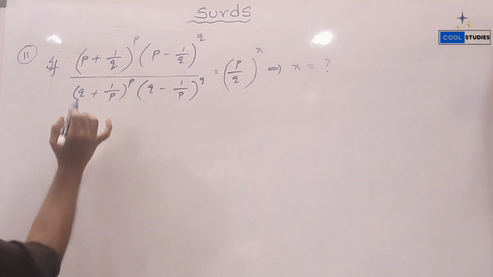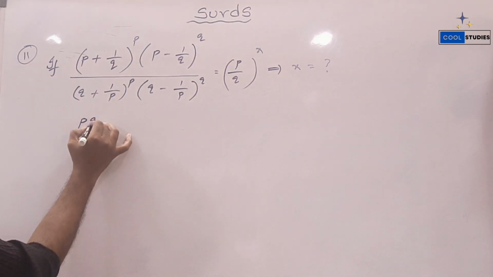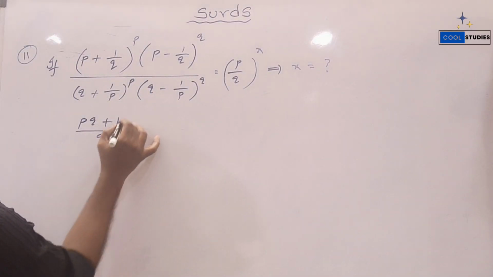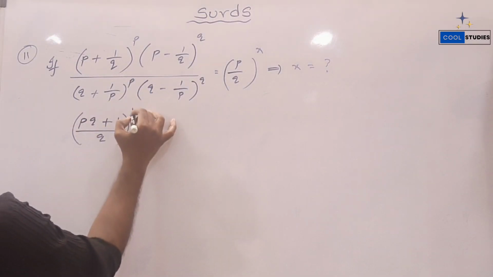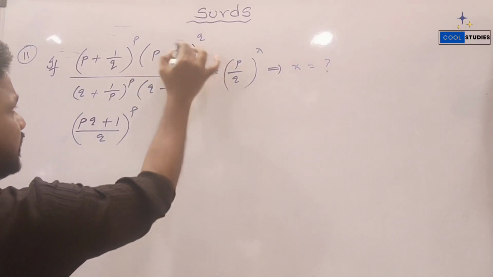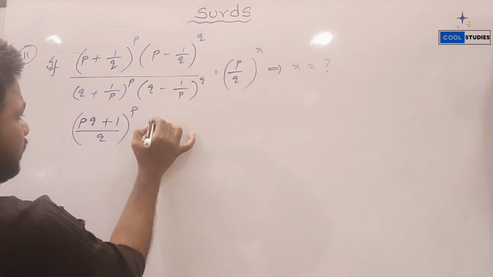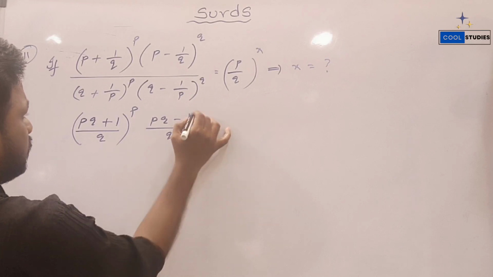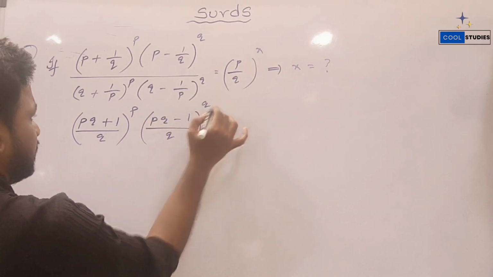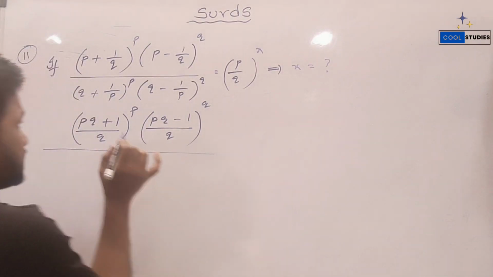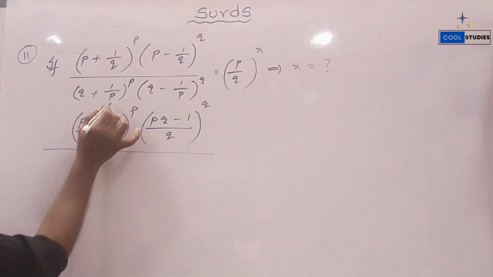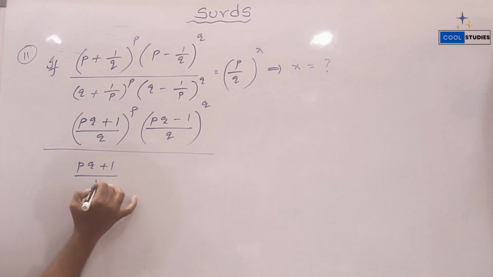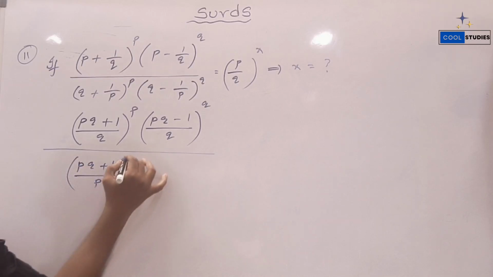Let us multiply here q into p. What do we get? (pq plus 1) by q, whole power p. Similarly, this one q into p: (pq minus 1) by q whole power q. Similarly in the denominator, p into q: (pq plus 1) by p whole power p.